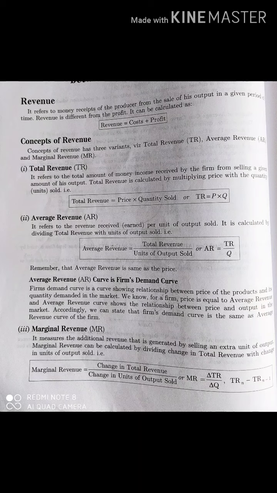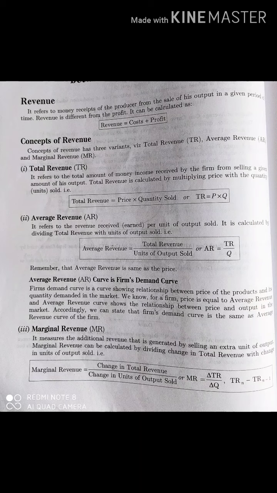Now we'll go on with the concepts of revenue. The concept of revenue has three variants, that is total revenue, average revenue and marginal revenue. What do you mean by total revenue? It refers to the total amount of money, income received by the firm from selling a given amount of its output.